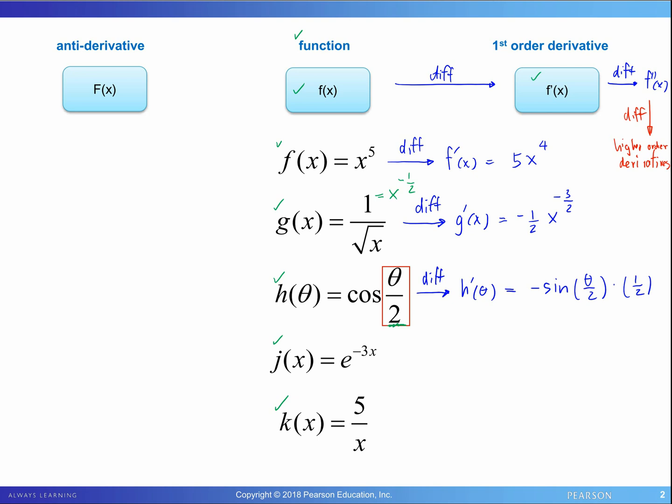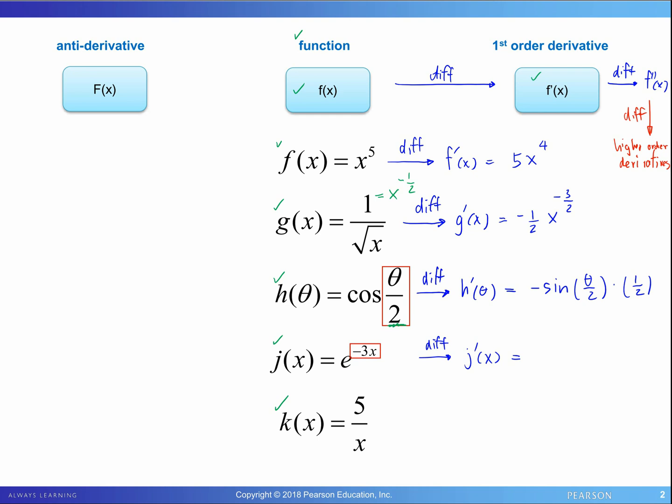Next one, let's diff j of x down here. Diff this, you are going to get j prime of x equal to, first of all, let's take a look at the function that we have here, exponential of minus 3x. So I'm going to put minus 3x inside a box so that I can apply the chain rule. I'm going to diff the most outside function first, which is the exponential.